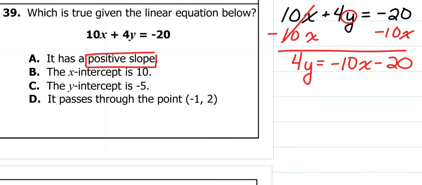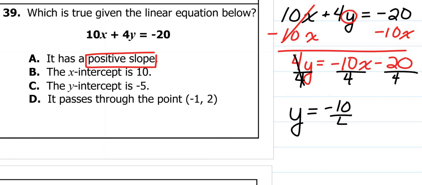Then you're going to get y by itself by dividing every term by 4. So the 4's cancel. So now you have y equals negative 10 over 4 x, and then negative 20 divided by 4 is negative 5.